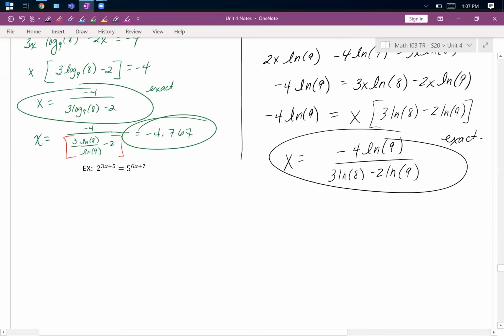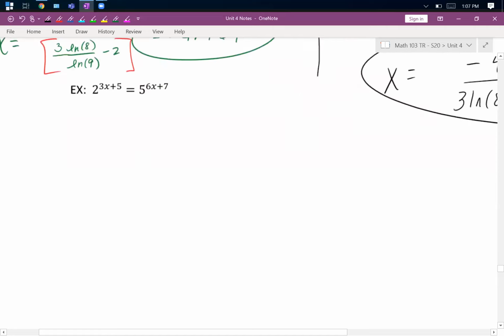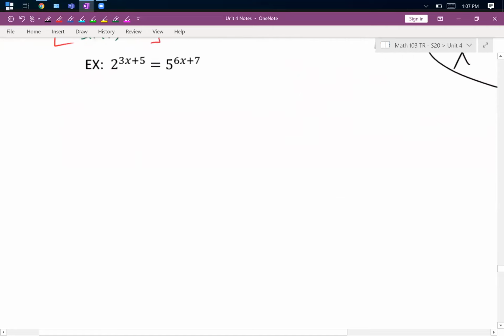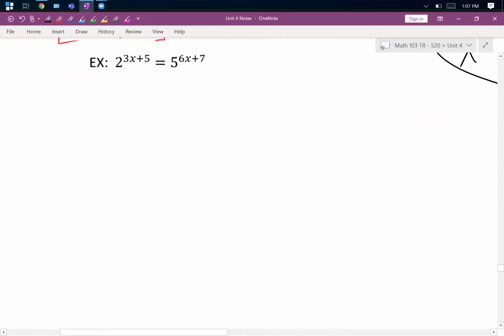All right, so the next one, you'll notice that we have binomials in both exponents. I'm actually going to split you guys into groups and let you work on this one. I don't really care which technique you use, whichever you're more comfortable with, but you're going to need that natural log technique for some of the problems on the homework and on the final exam.